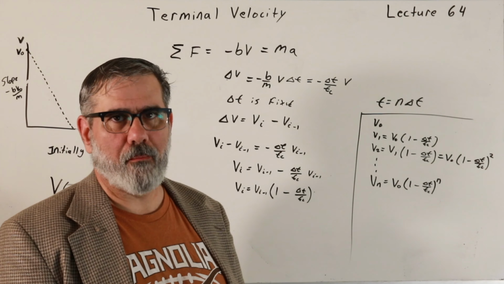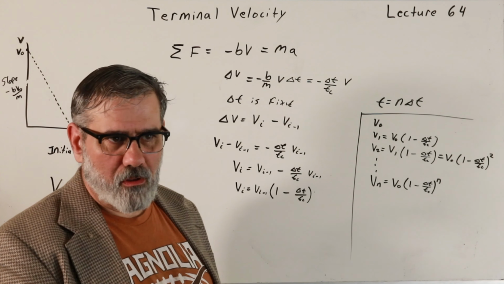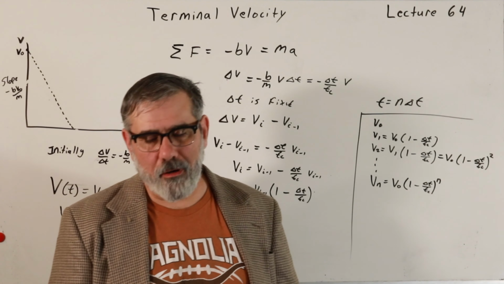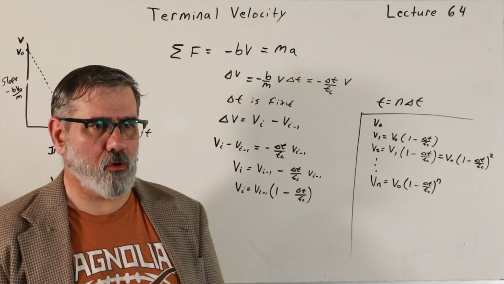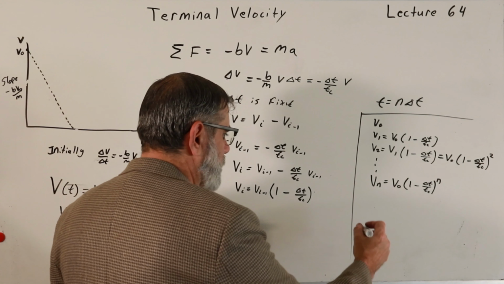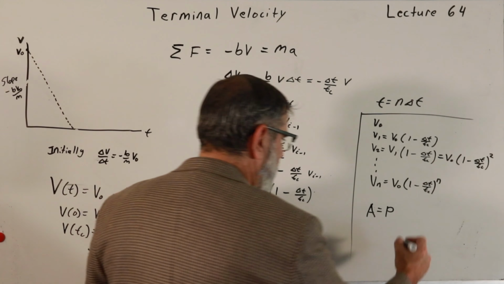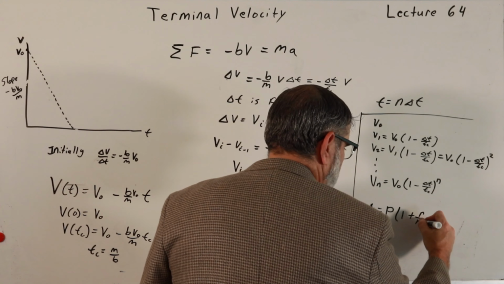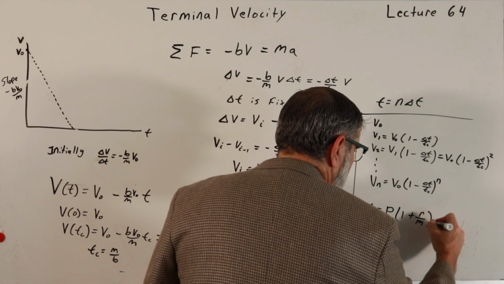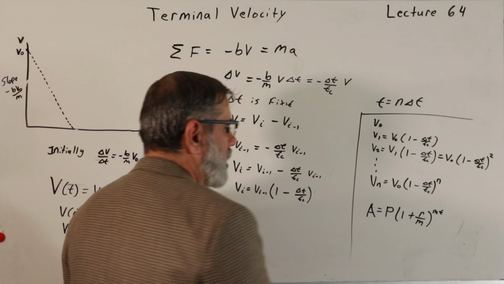And this should remind us of something, right? You learn about compound interest in a standard pre-calculus course. The equation is: my account balance A is equal to the principal, the initial amount I deposit in the account, times 1 plus the yearly interest rate divided by the number of compounding periods per year, raised to the m times t power.